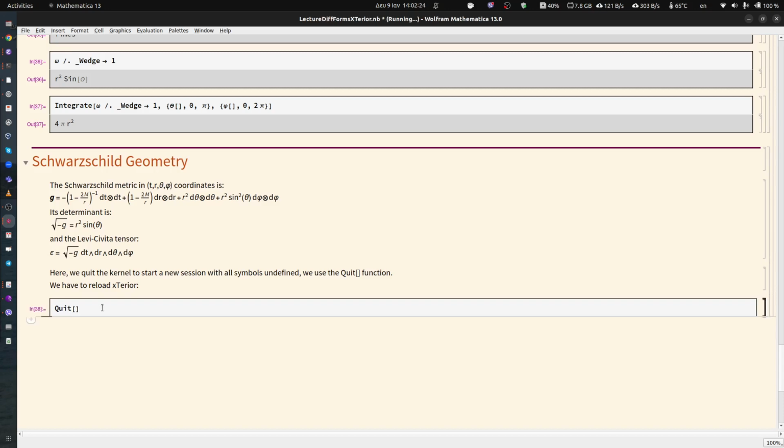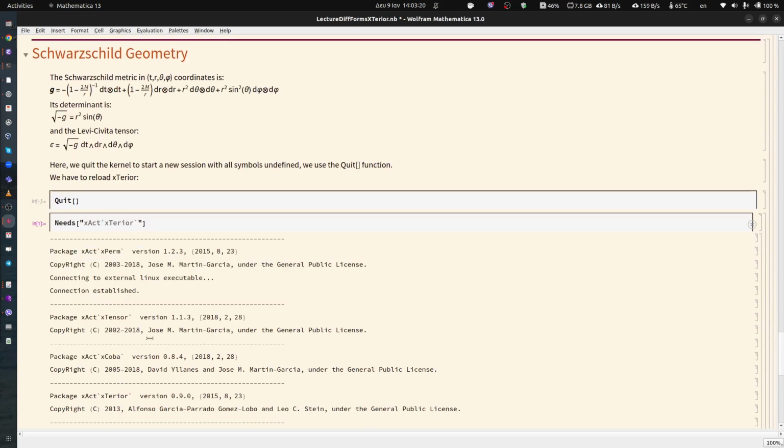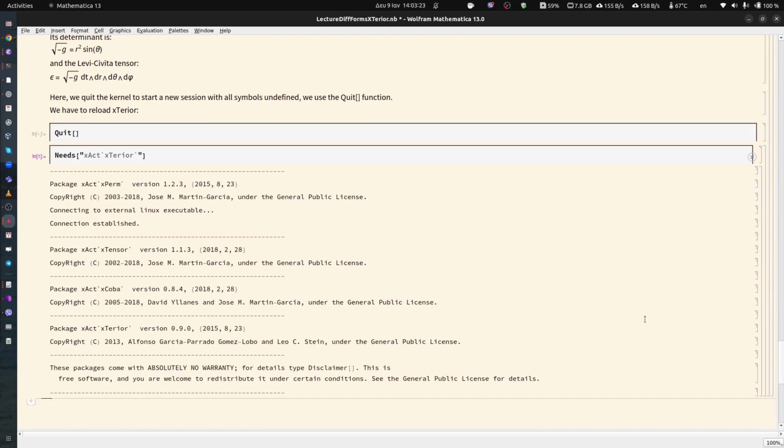So we evaluate this cell, and of course now we have to reload the xTerior package to make it available to the kernel. Everything is restarted from the beginning. We do that quite often when we work with xAct.